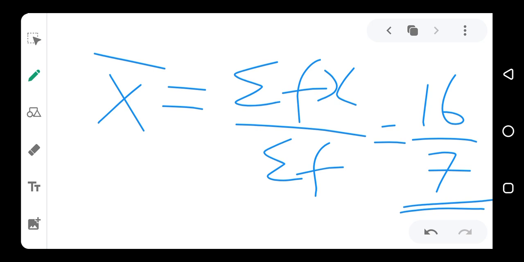But when the values are just 1, we can solve directly by adding the numbers together and dividing by the total number of occurrences. So you should know these two formulas: sigma fx over sigma f and sigma x over n.